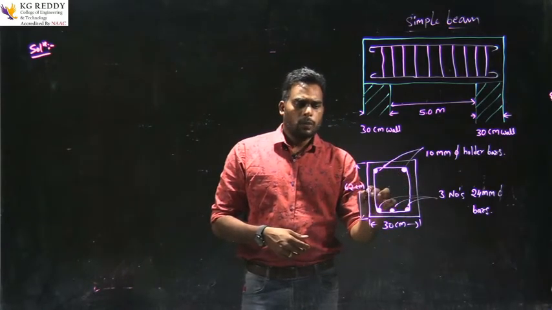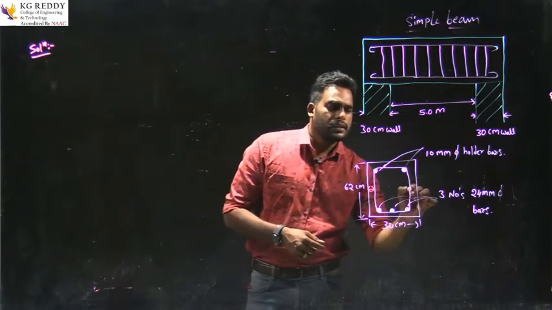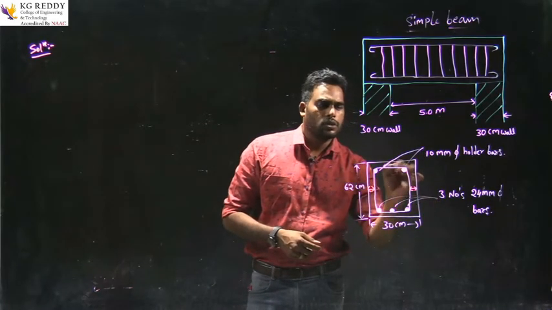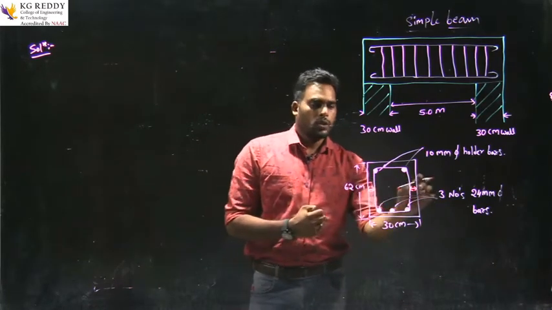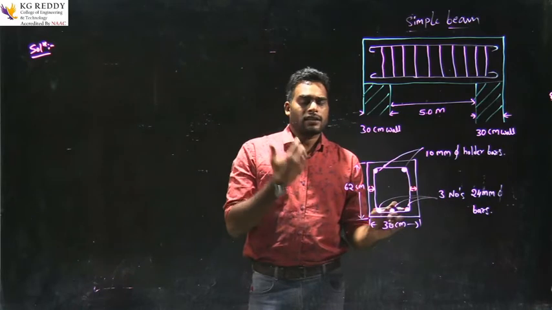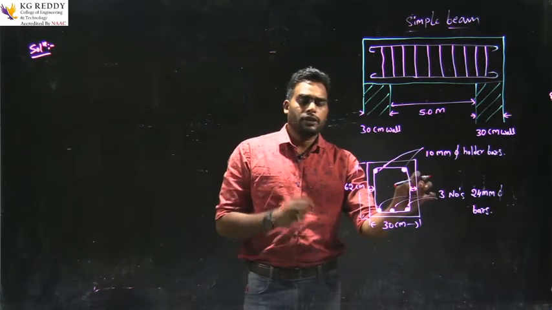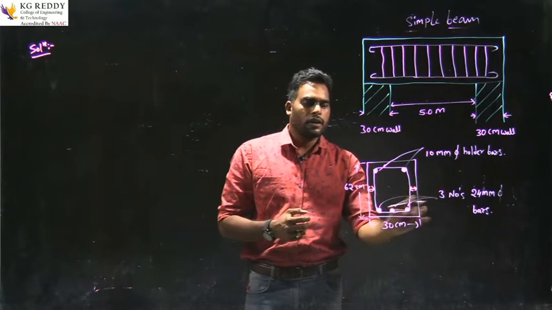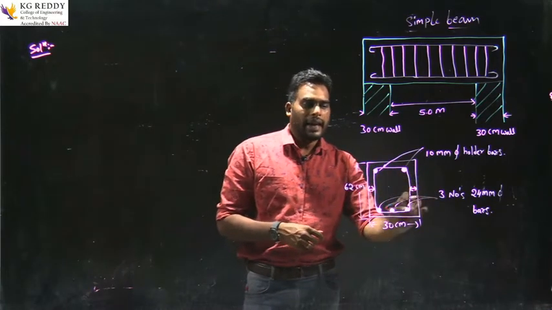This portion is having cement concrete only. This end portion is known as the end cover. We are finding the steel reinforcement, so we don't want to add this additional concrete portion. That's why this corner portion is called the end cover.